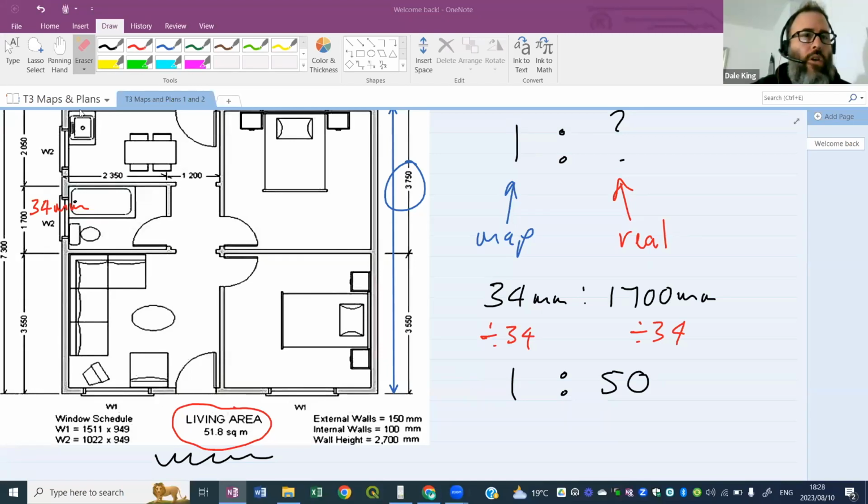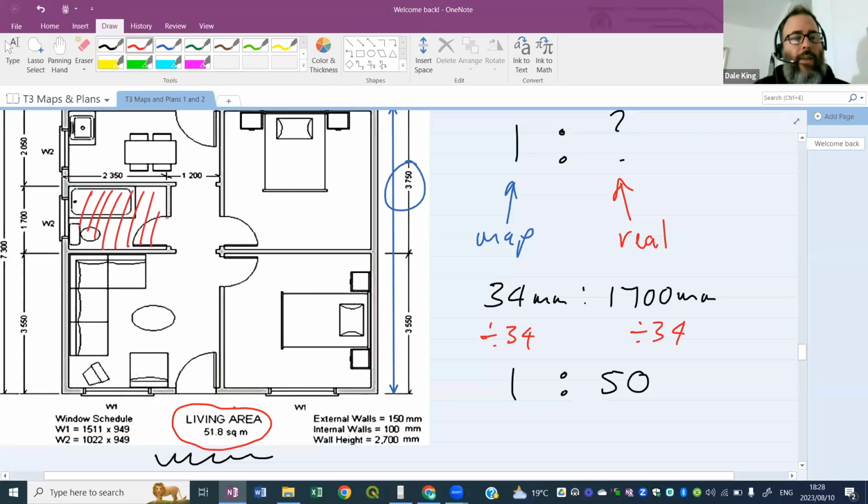Okay, so if you look on the left-hand side of the diagram, I'm going to rub out the 34, and this is the bathroom here. So this area here is the bathroom, and they said the outside wall of the bathroom.